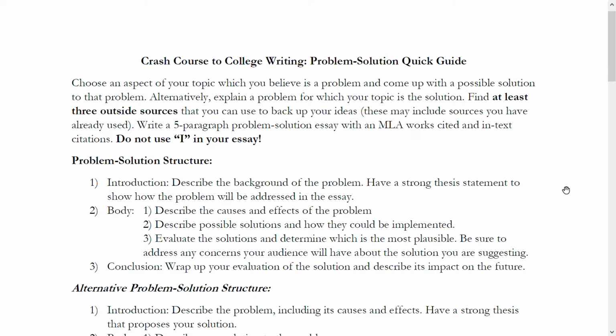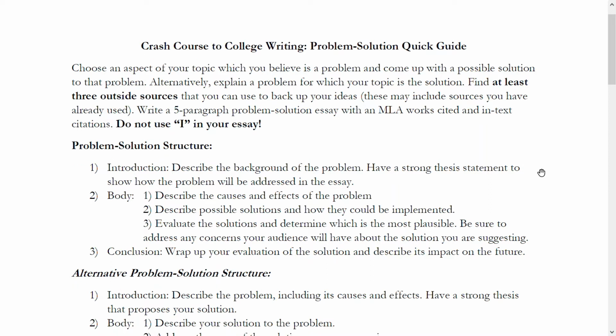Okay, so we're going to start by going over our quick guide for the structure and expectations of your problem solution essay. So for this essay, now I've left this purposely kind of vague, but you have two main options. You're either going to choose something about the topic that you've been working with throughout this whole project that you believe is a problem, and you're going to come up with a possible solution to that problem.